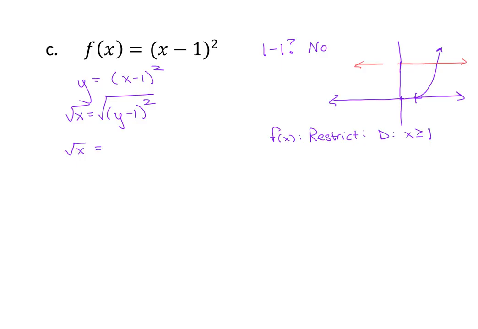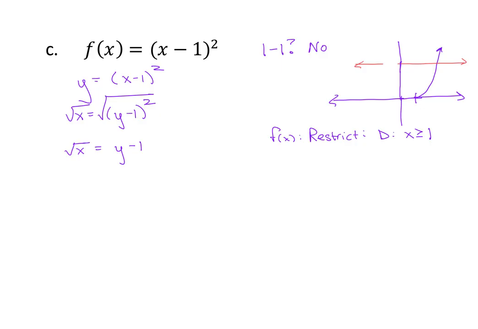And we can't do that here because then it's no longer going to be 1 to 1. Because I restricted my domain and we're looking at just the right side of the parabola, I'm going to keep the positive square root.